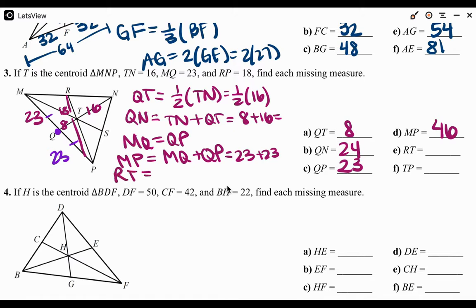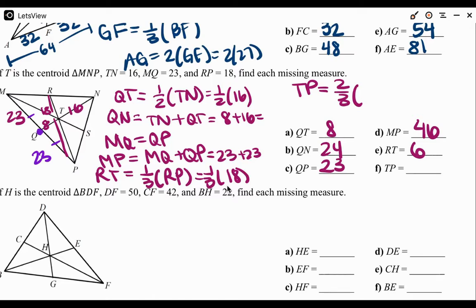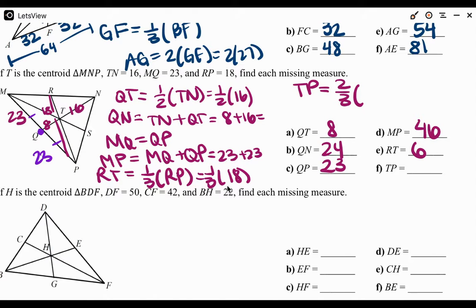RT is equal to a third of RP, so a third of 18 gives us 6. And TP is equal to 2/3 of, let's use the letters, 2/3 of RP. So 2/3 of 18 is 12.